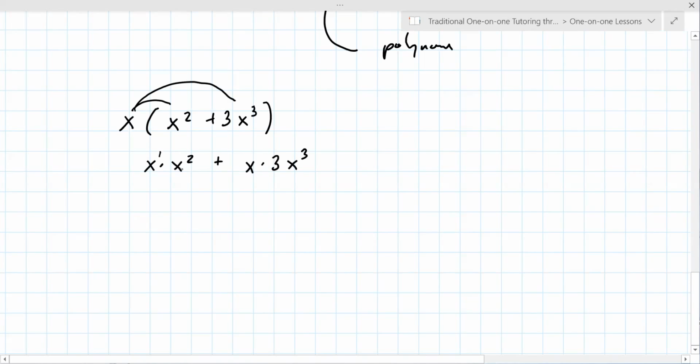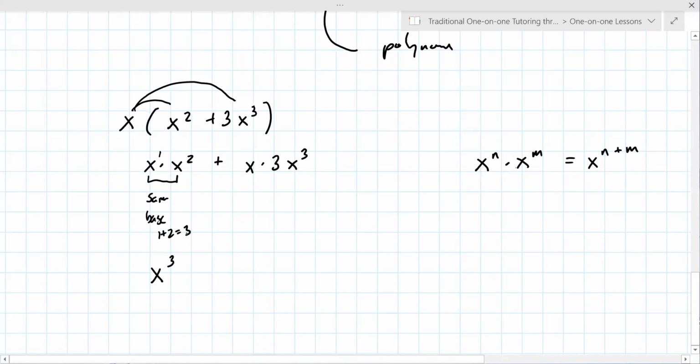Now, when they have the same base, there's a property. If you have x to the n times x to the m, these have the same base, this equals x to the n plus m. So here on the left, you add the exponents, that's x cubed. x to the power 3 because 1 plus 2 equals 3.